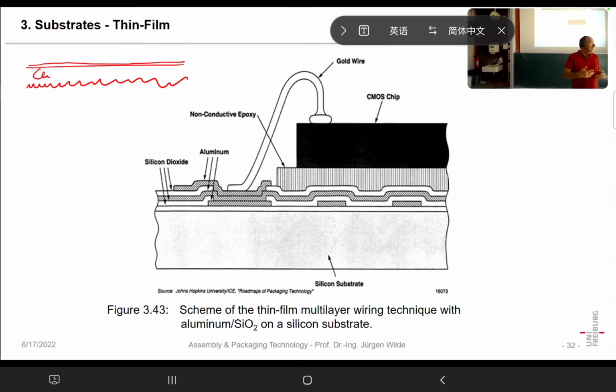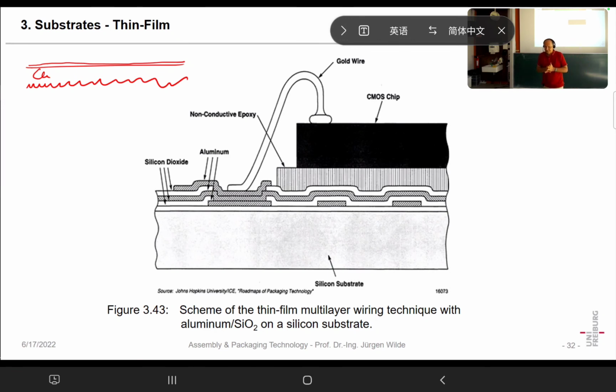Because in a semiconductor fab, you always have the possibility for sputtering aluminum, and you also have PVD processes or chemical vapor deposition processes for silicon dioxide deposition.